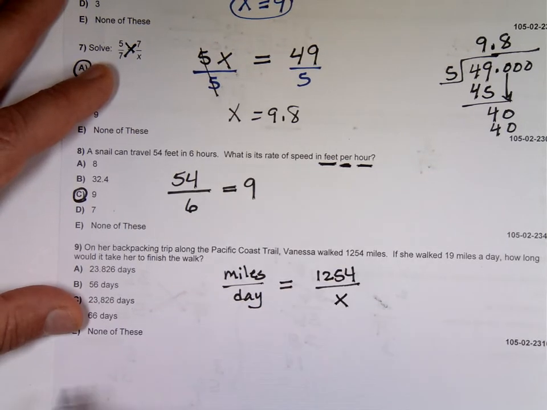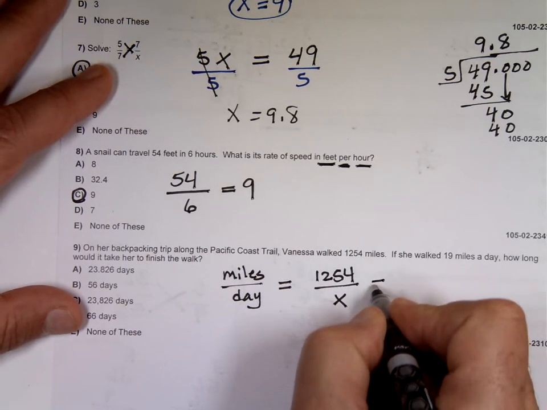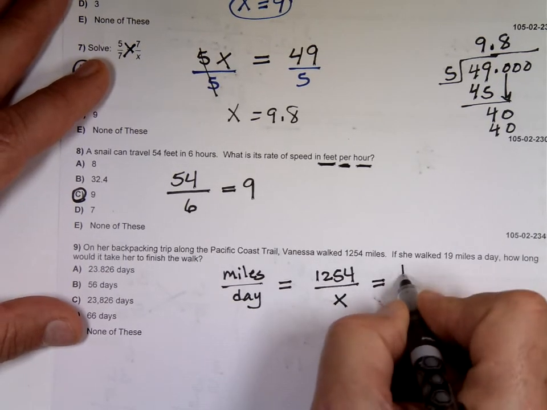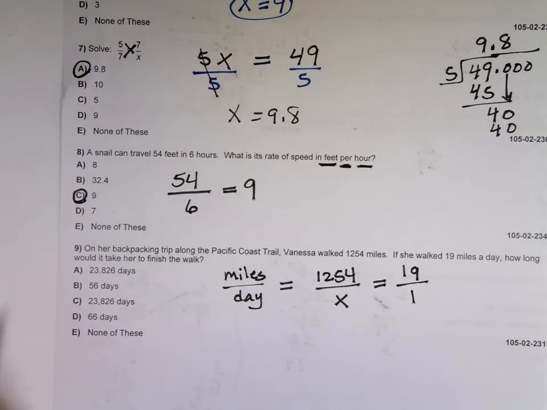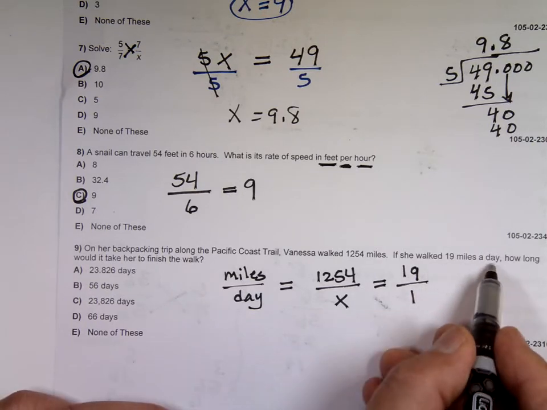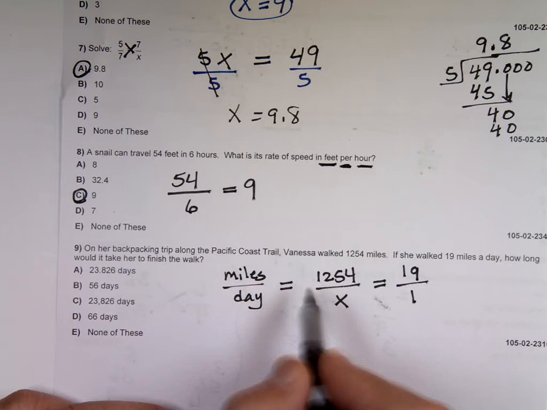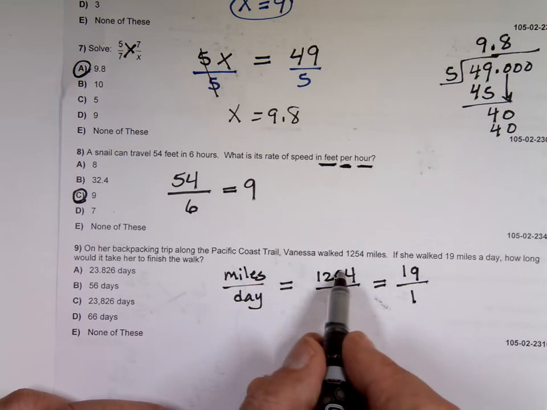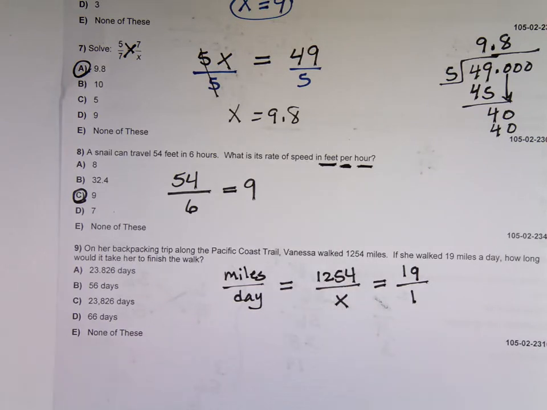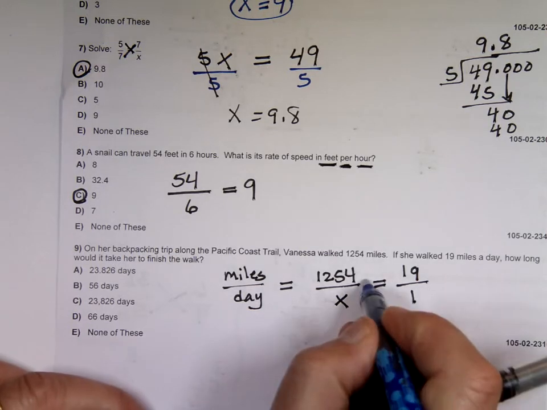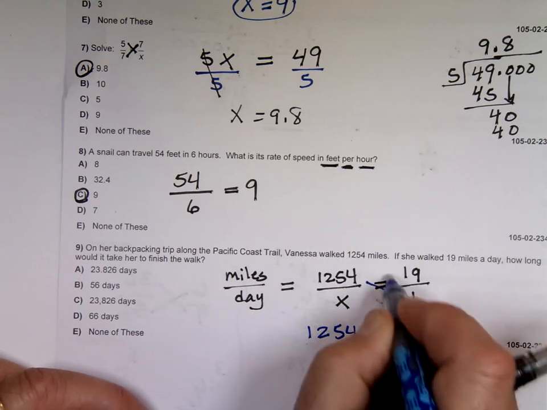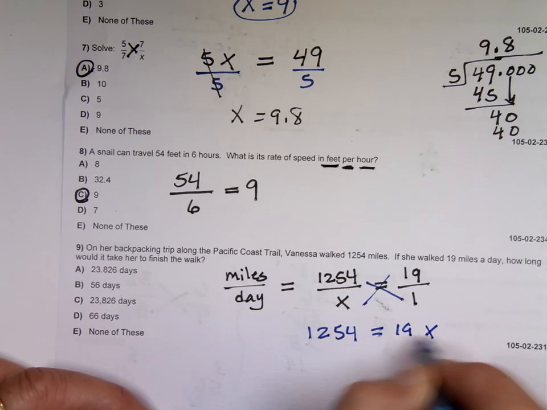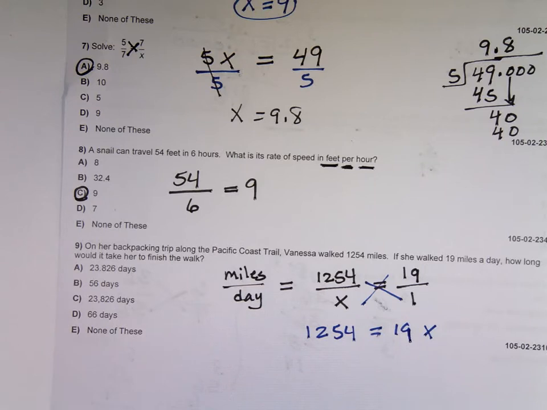Unknown. She walks how many miles every day? 19 miles per what? Per day. I put miles on the top, days on the bottom. 19 miles in one day. 1,254 miles. How many days? And to solve that, cross multiply. 19x. And to solve for x, we're going to divide by what?